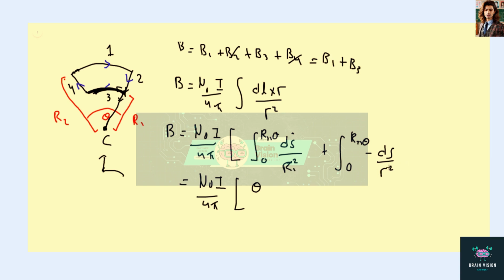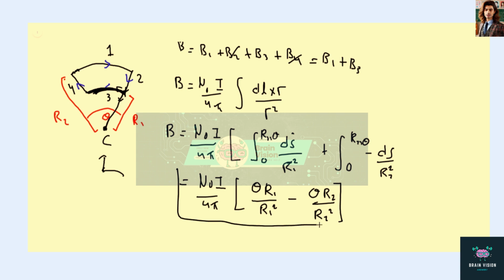Normally that would be something we have to worry about in the integral, but because of the symmetry here, they end up being constants. So we're just integrating ds, and that'll be theta times r, and that r will be r1, over r1 squared, and then we have minus theta times r2 over r2 squared. The exact same thing for the other one, we just had that minus sign.